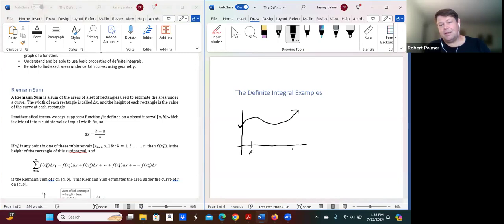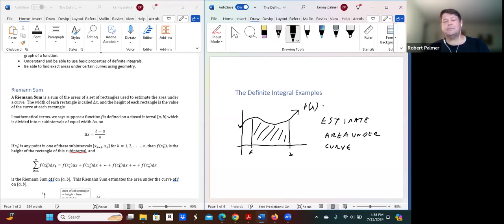And then we have points we're going to call A and B. The goal is to estimate this area under the curve of some function f of x. Okay, and that's what we're going to see is called the integral.